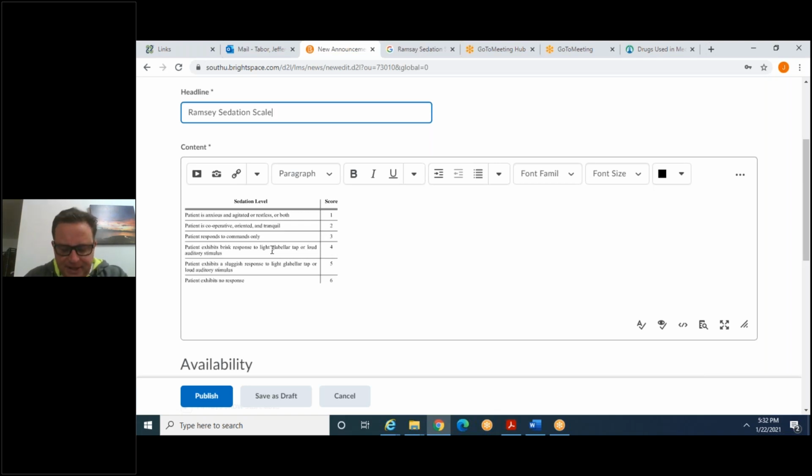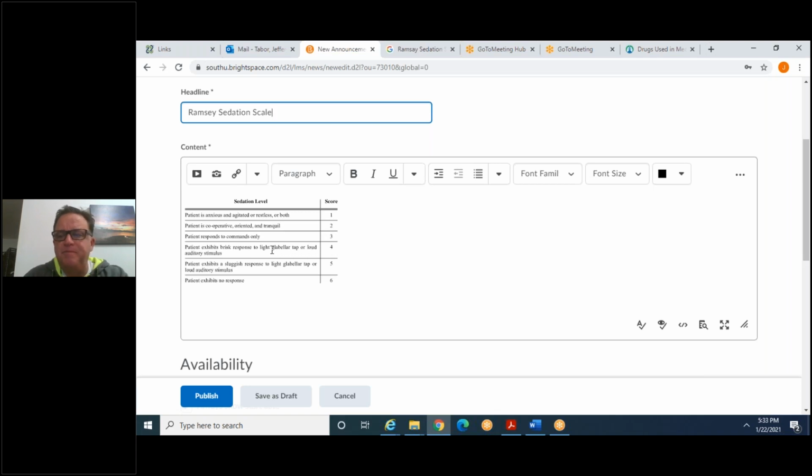A trach makes it easier to wean patients off the ventilator because it's easier to clear their airway via suction. It's easier to pop them on and off the ventilator. It's not easy to intubate and extubate patients. It is easy to pop people off and on the vent via the trach. So that may be necessary for some patients.